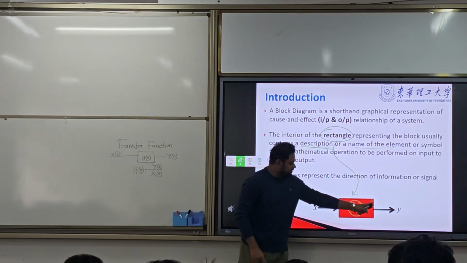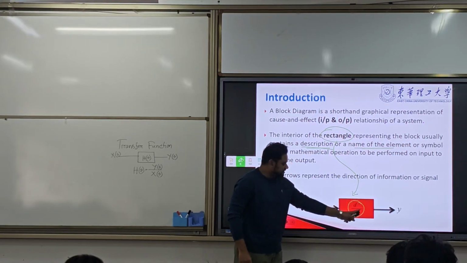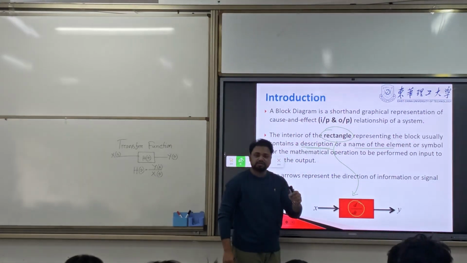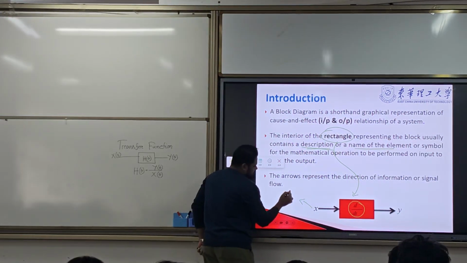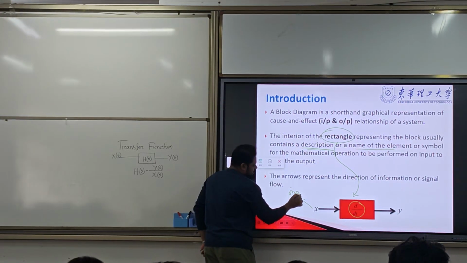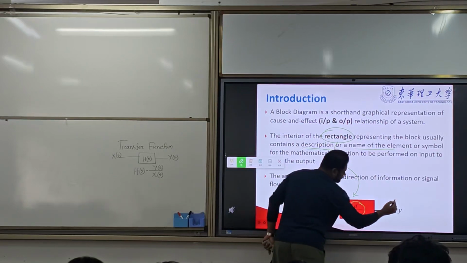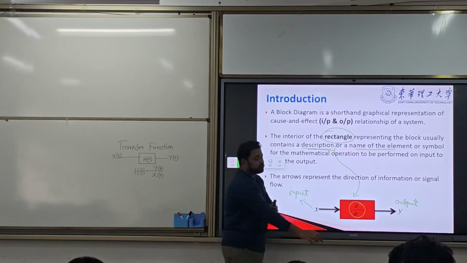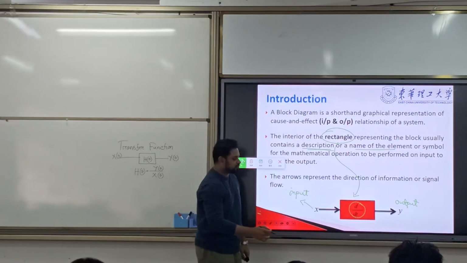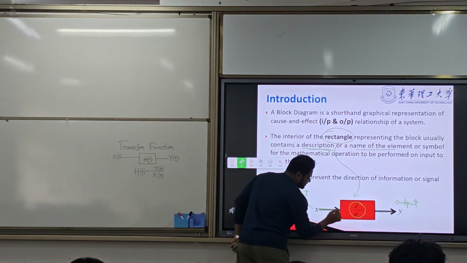So here we have a block. Inside the block is the specific mathematical operation, and here we have the input and output, which will be shown with some arrows. This is the arrow.